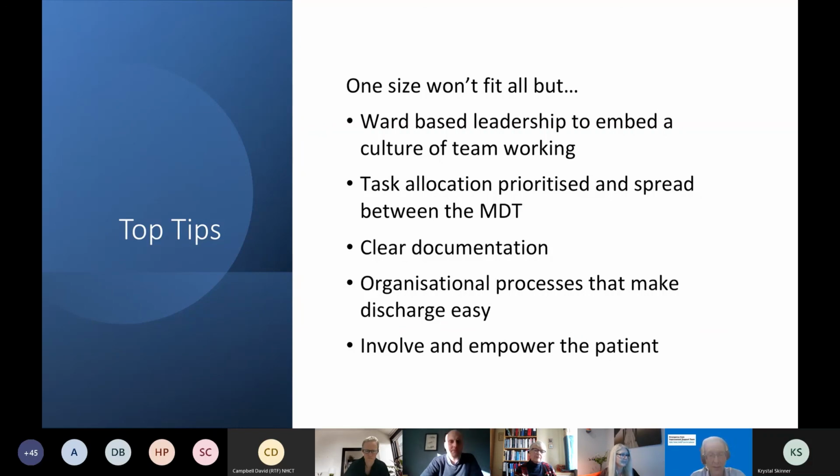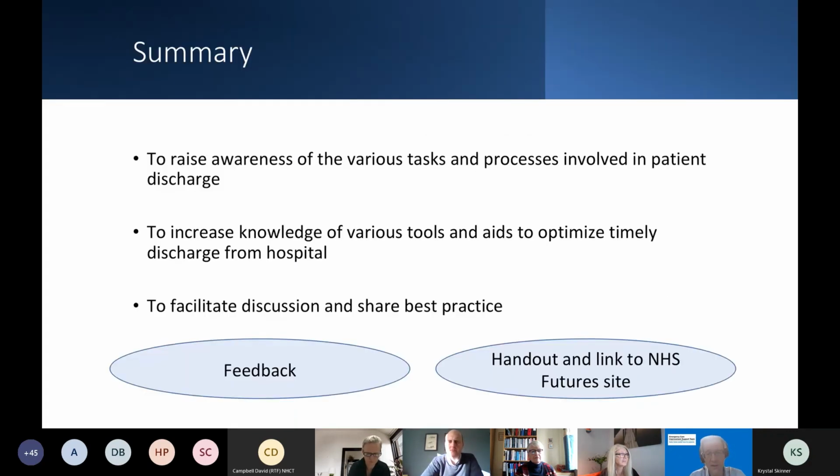We've hopefully demonstrated with the Discharge Lounge example some of the challenges that organisations face in order to make discharge easier, and with the help of Lynn, we've really, I hope, highlighted the importance of early patient involvement and empowerment, and I can't emphasize the effectiveness of that from personal experience. So just to summarize, these were our objectives, which we hope we've delivered today.